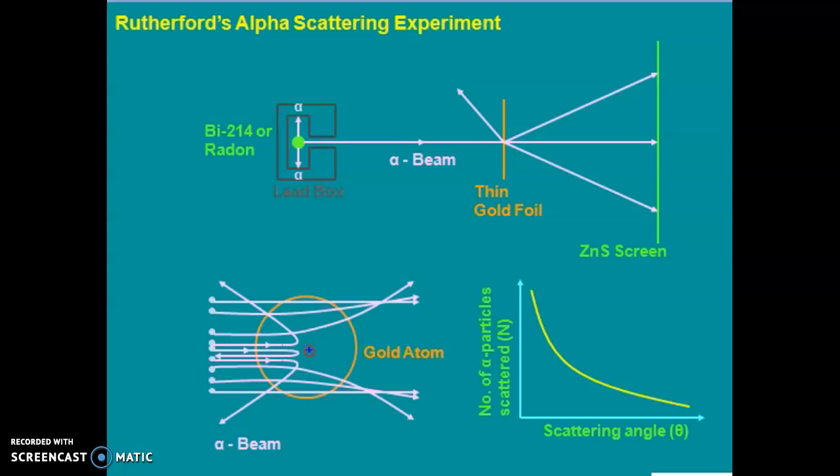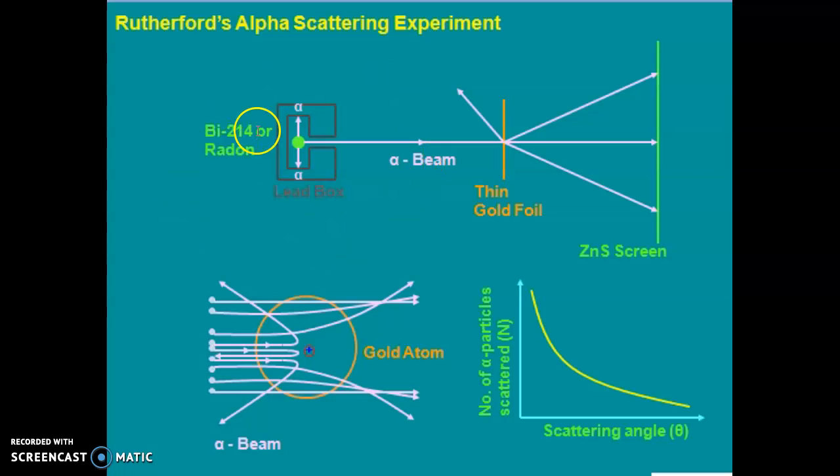So I will first explain the experimental setup of this experiment. There is a lead box. The property of lead is that it absorbs all the radiation. It is a material that can absorb most of the radiation that falls upon it.